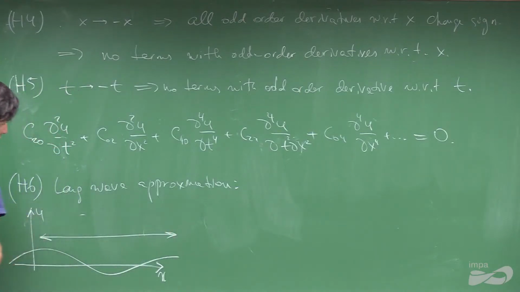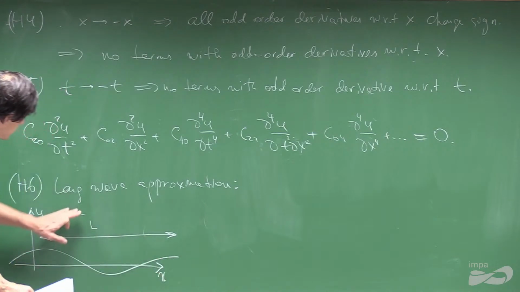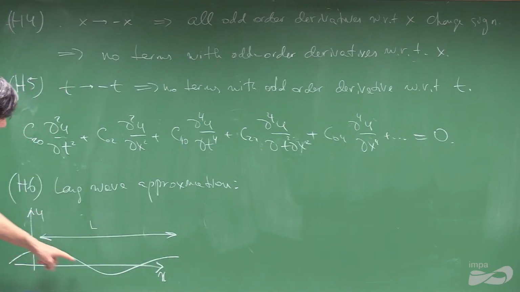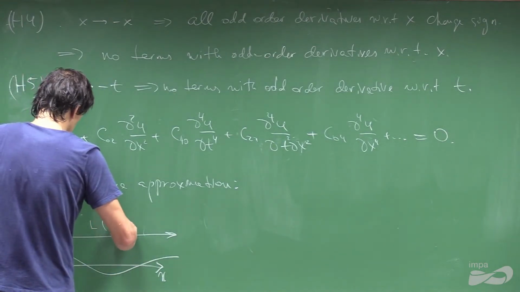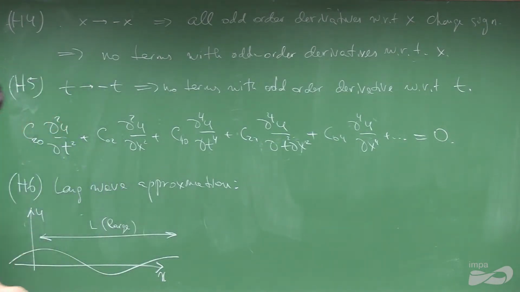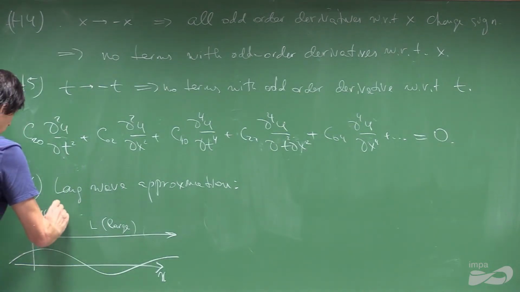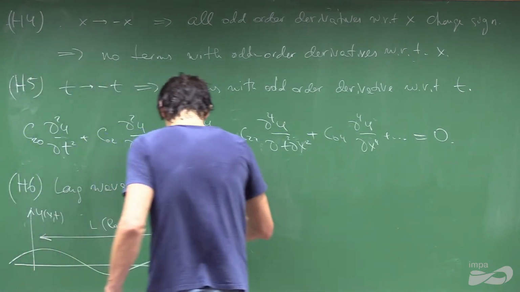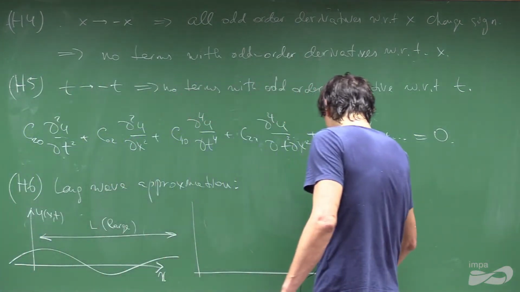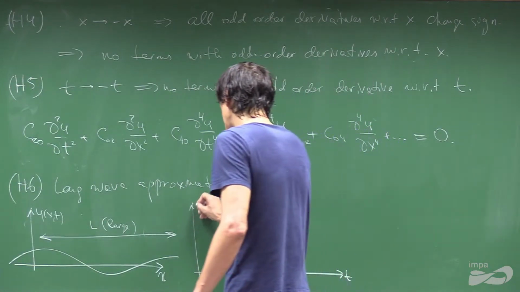It will change only at a large distance L, so you will see a considerable change of the function only at L, which is large. This is for a given time. And the same if you consider u as a function of time at fixed x.